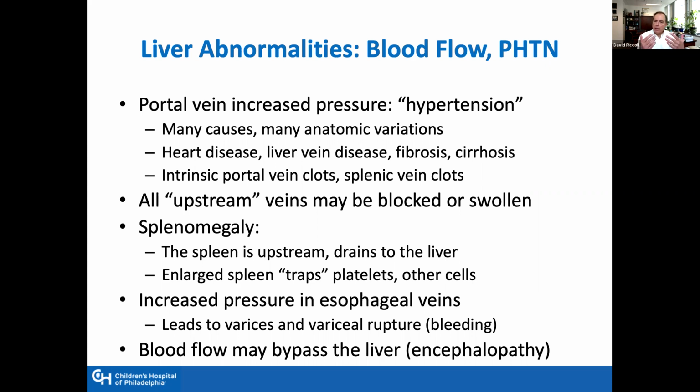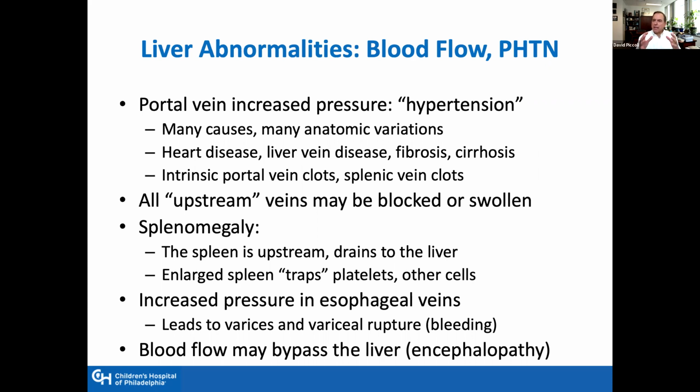When blood flow is blocked going downstream, just like if you dam up a river, then everything upstream gets expanded and bigger and higher pressure. And one of the things that's upstream is the spleen. So you get splenomegaly, and that's something that we pay very close attention to in physical examination. The other thing that is upstream are the esophageal veins.